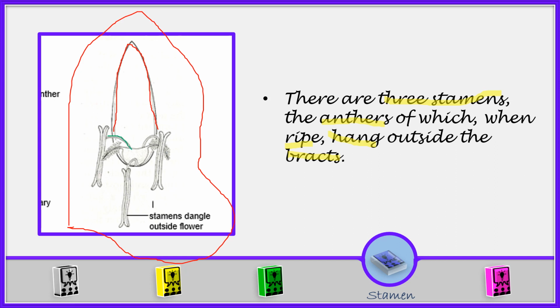We have this one here, this one on this side, and then this one. When the anthers are ripe, they hang outside of the bracts. Like these ones you can see, they are now hanging outside. They come out of the bract. The bract is the covering.